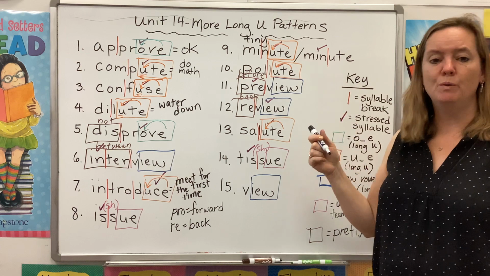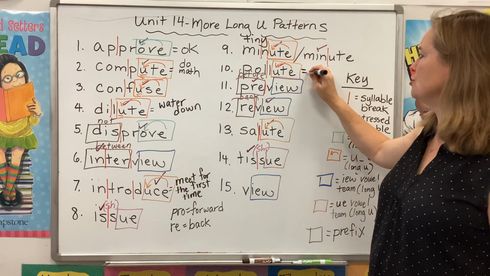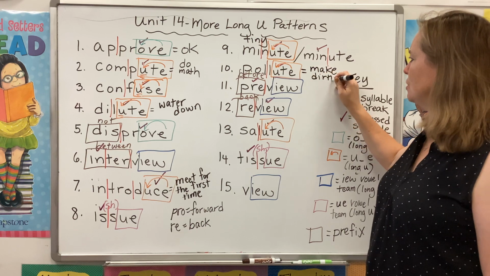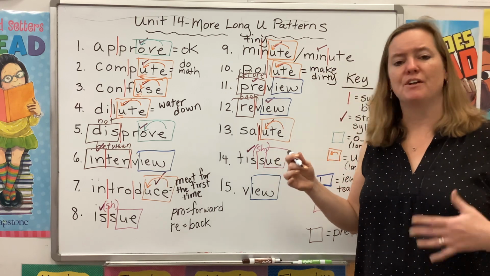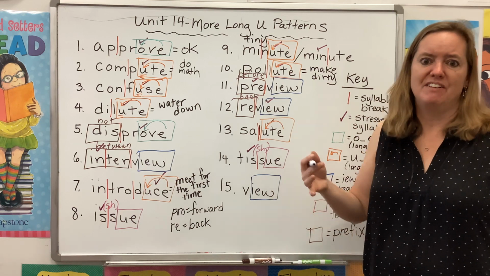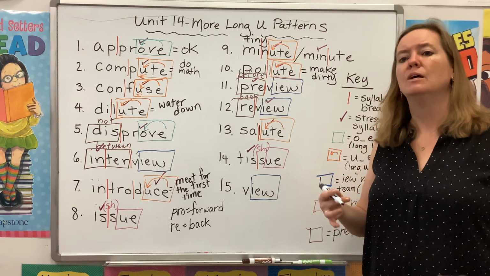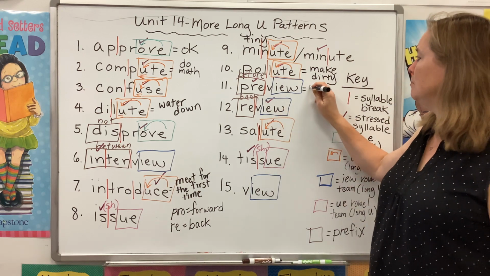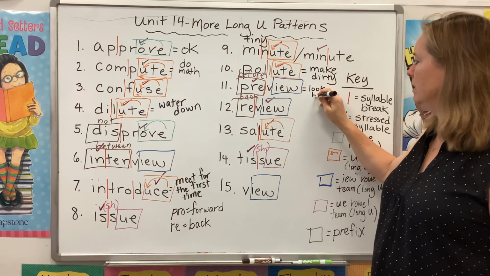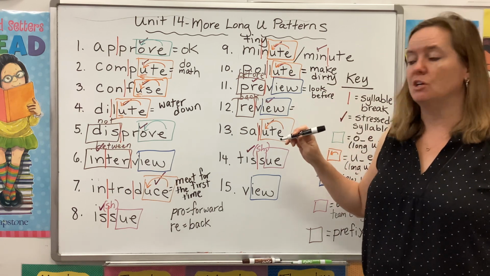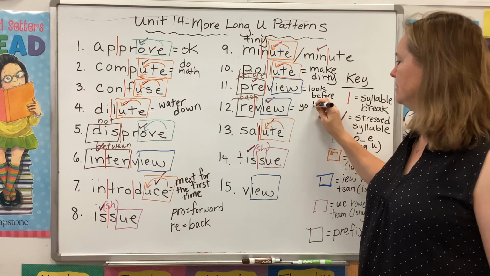To pollute means to make something dirty. So if factories dump their chemicals into the river, they're polluting the river, and then the fish die and the plants die, and so that's not a good thing. To preview means to look before, take a quick peek. To review means to go back and look after.